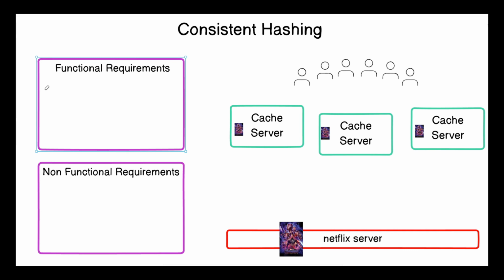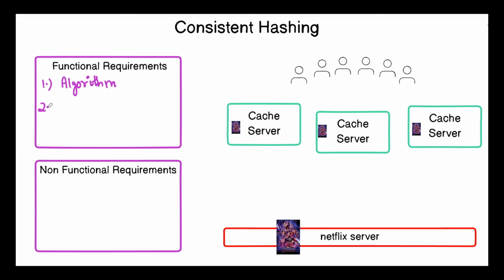So the first functional requirement is we have to design an algorithm which will help us to scale the cache servers horizontally. The algorithm must minimize the load on each particular cache server. Users' requests should not be concentrated on one particular server.